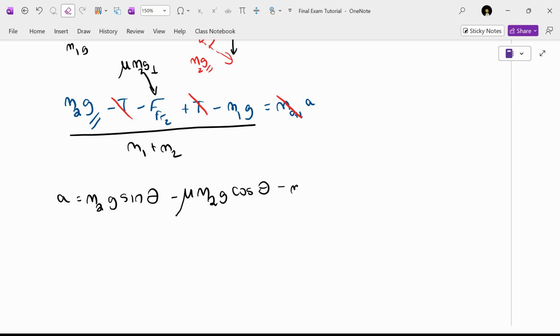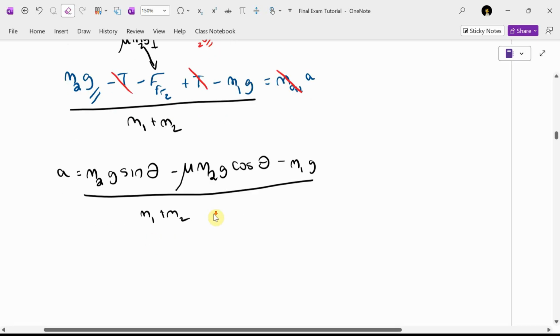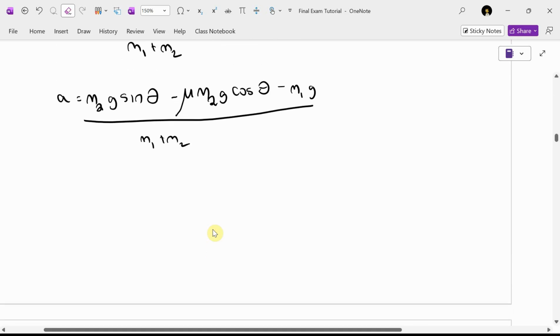Minus, and I don't need to do anything fancy with m1g, all divided by m1 plus m2. I think I've got enough room. I've scrolled down. What was m2? 16.5, thank you.